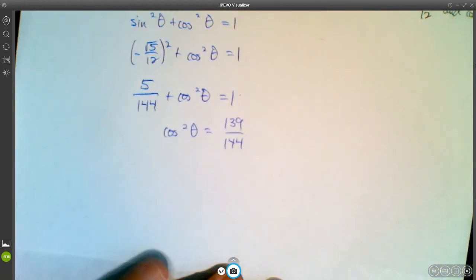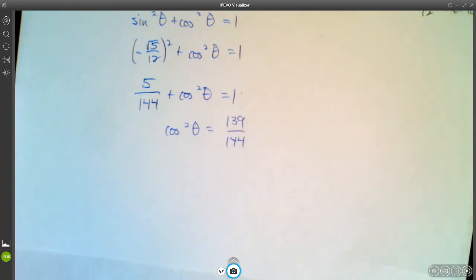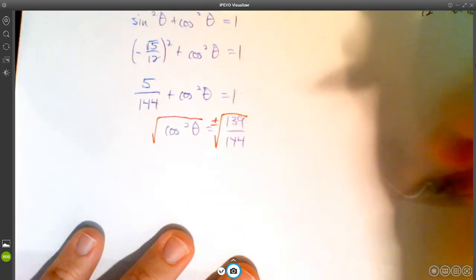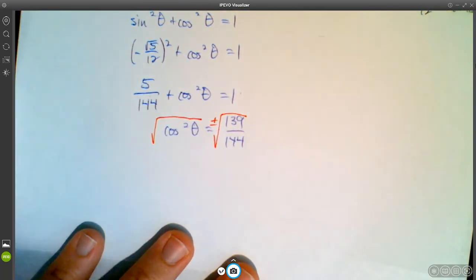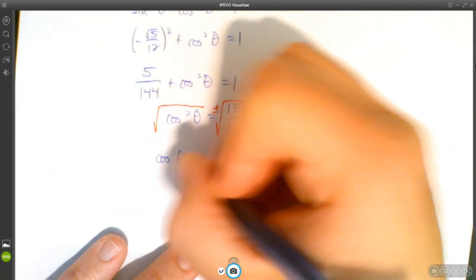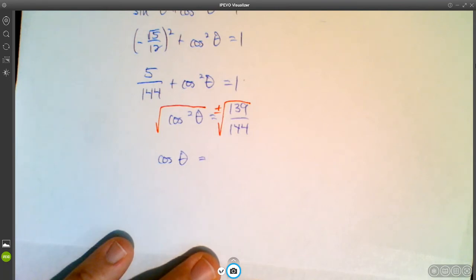So cosine squared theta is going to be 139 over 144. And then we take the square root of both sides. When we do that, remember we have to have a plus or minus sign. So square root of cosine squared is just, of course, cosine. So we have cosine theta equals plus or minus square root of 139 over 144.